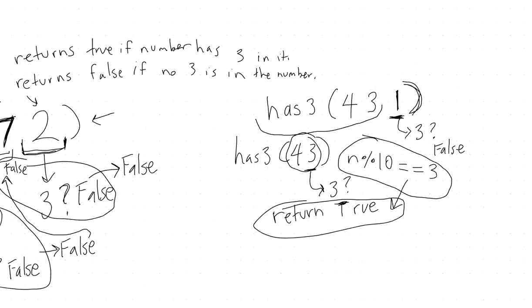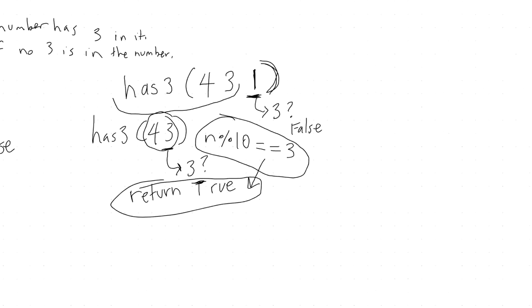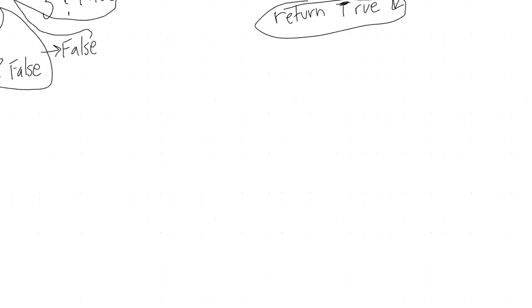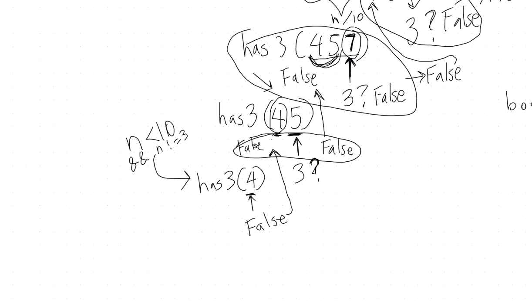Okay. So to put this all together in the function, this is a Boolean function, has 3, and it'll take in an input n. So the first base case that we were looking at is where we reach the first digit of the number. And that's when the input gets so small that we can check it immediately.